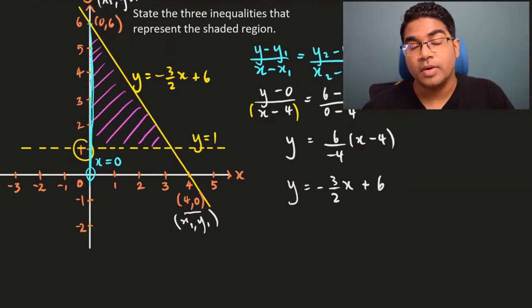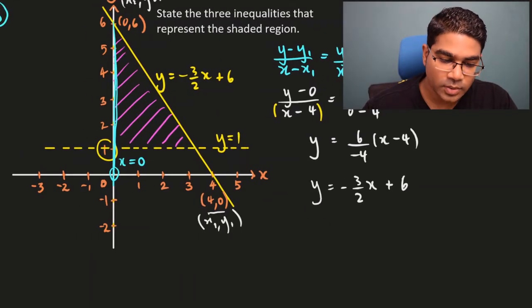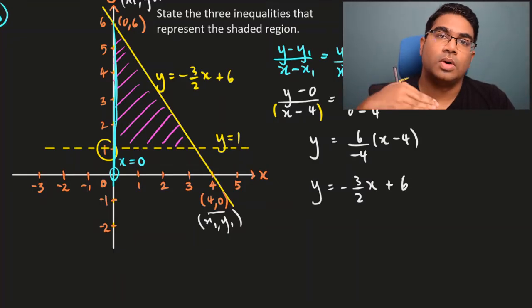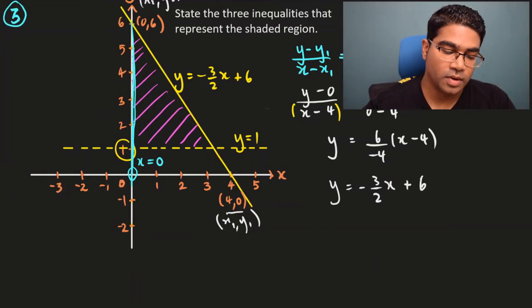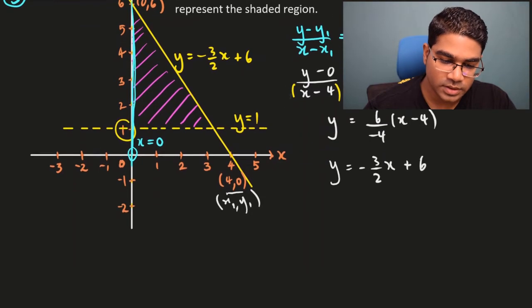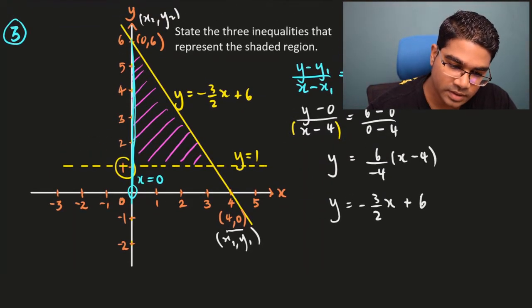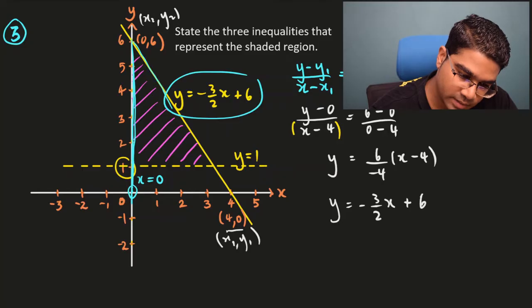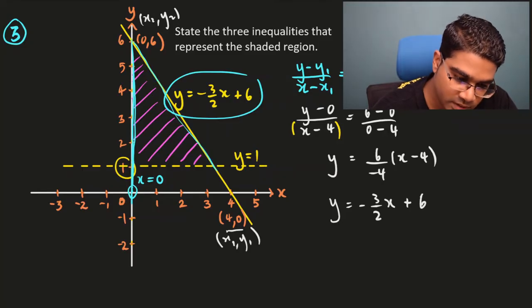Now that we have all our boundaries, we can start writing the inequalities. The inequalities will depend on whether the region is below or above, and for the vertical line, whether it's on the right or the left. Let's look at our slanted line first. With respect to this line, the shaded region is under the line, below the line.